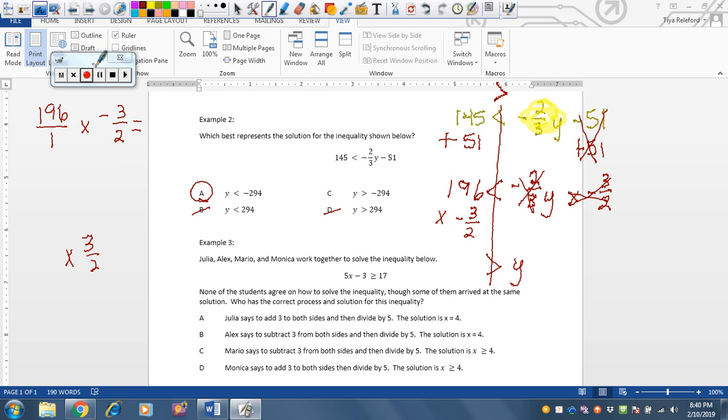If you do want to solve, don't get upset about the fraction. You are multiplying by 3, dividing by 2. You can even do that in the other order. You could divide by 2 and then multiply by 3. It really doesn't matter.